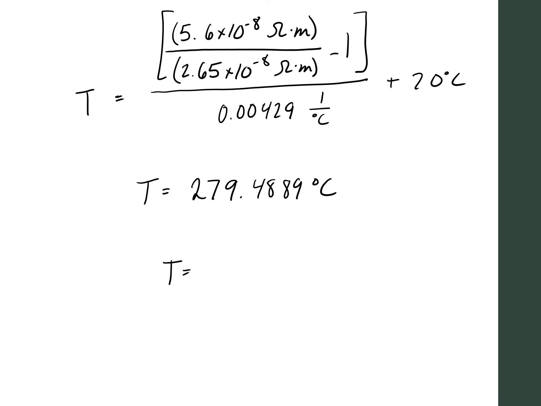So the temperature at which aluminum would have the same resistivity as tungsten at 20 degrees Celsius would be 280 degrees Celsius.